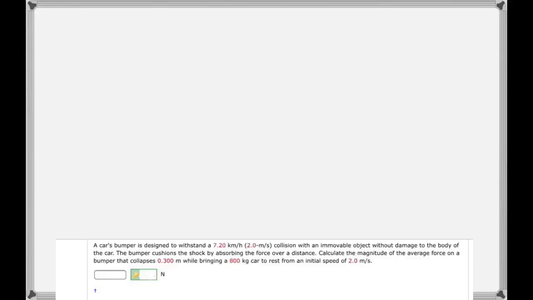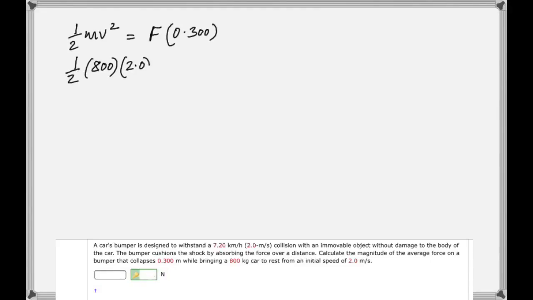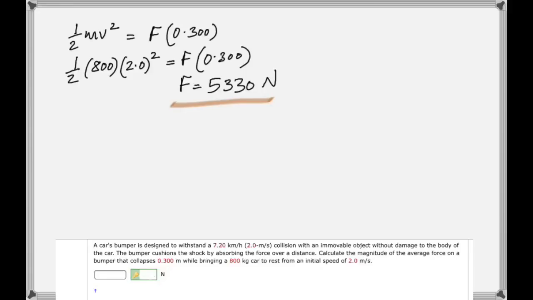So the work energy theorem. Work is force times displacement. Simple enough. Gives you 5,330 newtons.